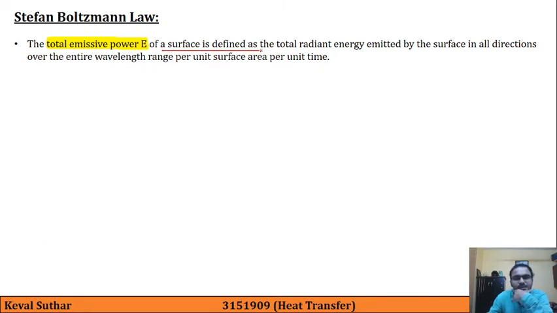It is defined as the total radiant energy emitted by a surface in all directions over the entire wavelength range per unit surface area per unit time. So that is the definition of total emissive power. So it should be in all directions over the entire wavelength range per unit surface area per unit time.